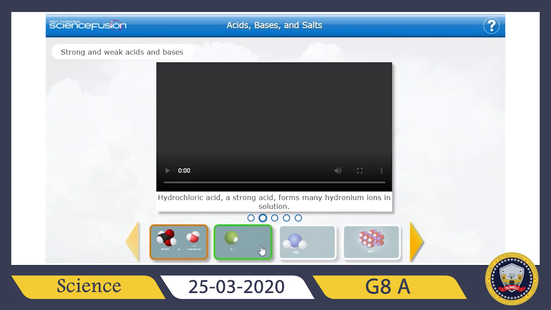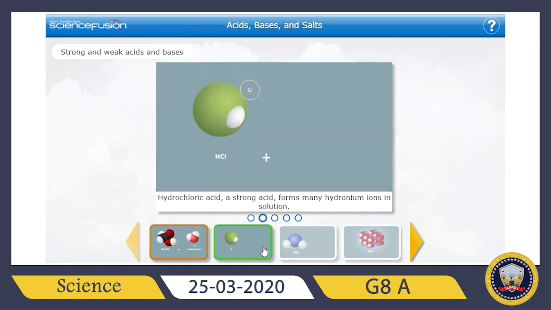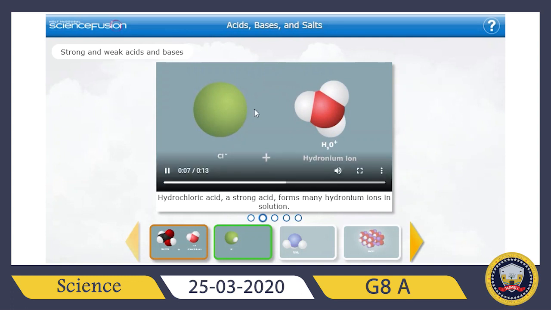So, for example, strong acids like hydrochloric acid will form a lot of hydronium ions. Almost all of these hydrochloric acid molecules will dissolve in water, will ionize inside the water, and will create as many hydronium ions as they can. So that's why we call them strong or weak, okay?